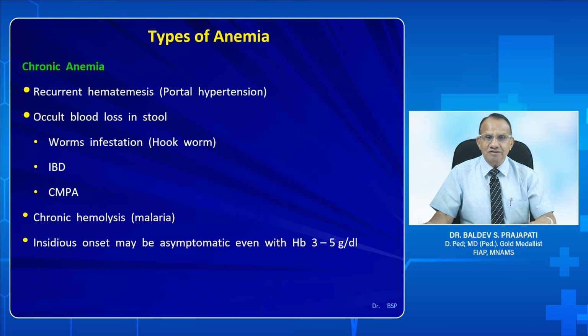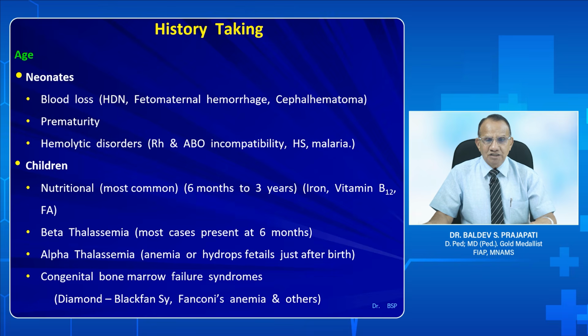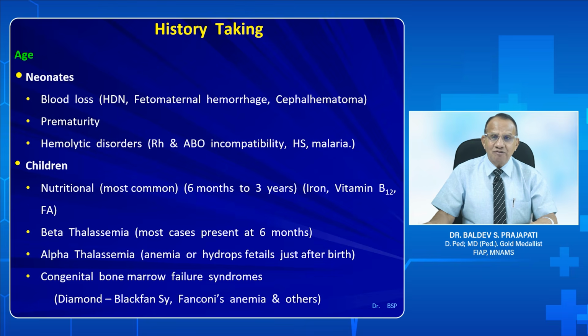Insidious onset of anemia of very long duration sometimes may be asymptomatic in spite of hemoglobin even around 3 to 5 gram per deciliter. On history taking, please start with the history of age.